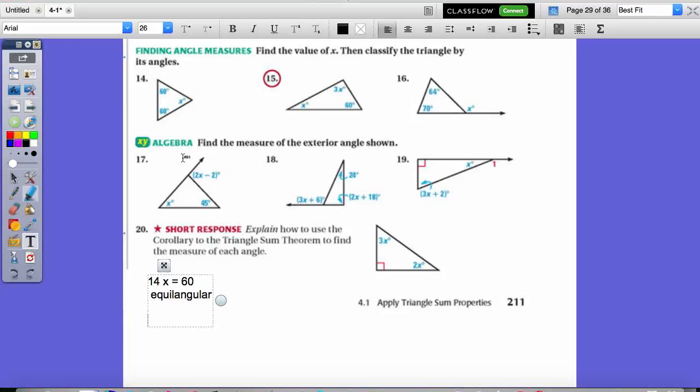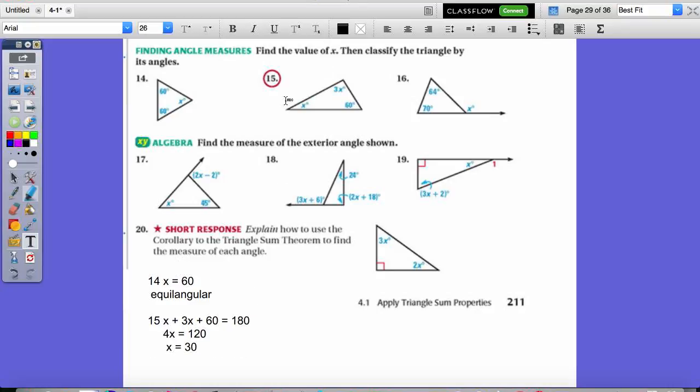So number 15, we're going to have x plus 3x plus 60 equals 180. x plus 3x is 4x. I'm going to subtract 60 from both sides. I get 120. That means x equals 30.